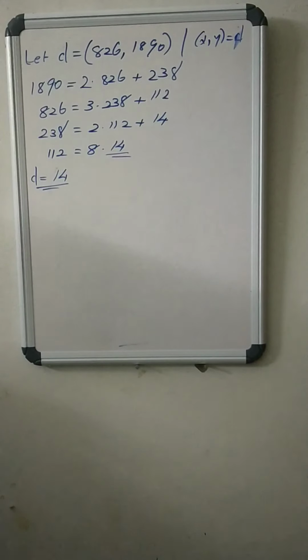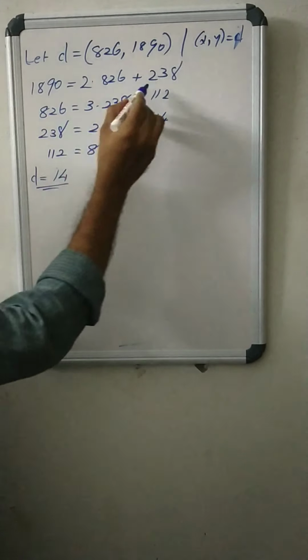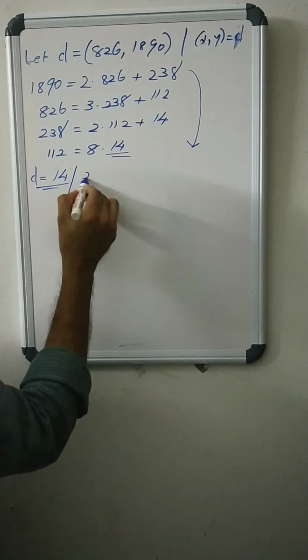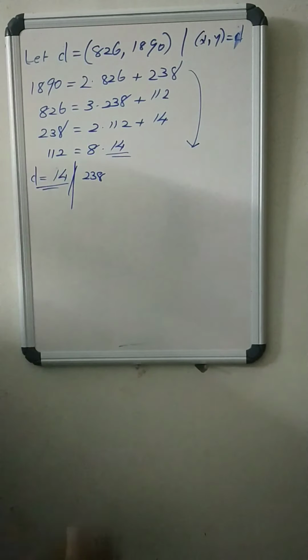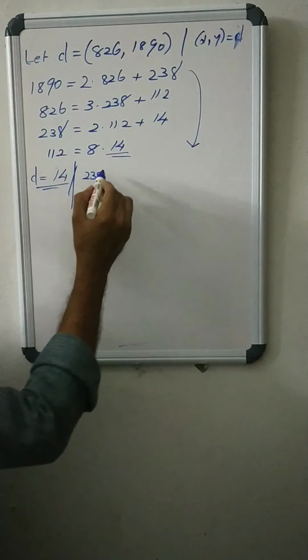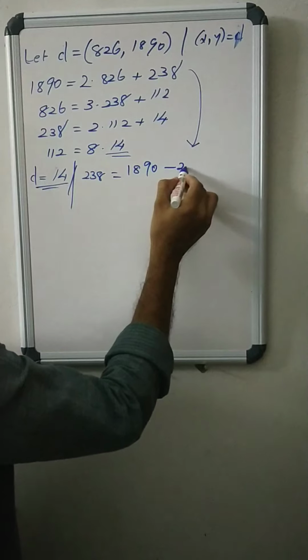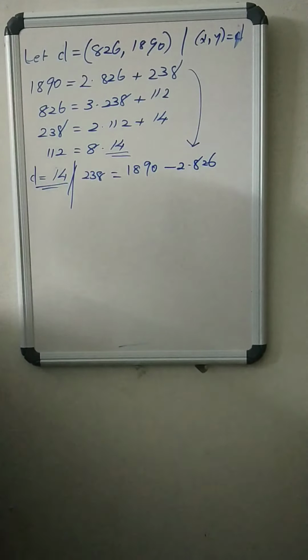And how to express this 14 as a linear combination of 1890 and 826? You can start with 238 from here. What is 238? 238 equals 1890 minus 2 into 826.